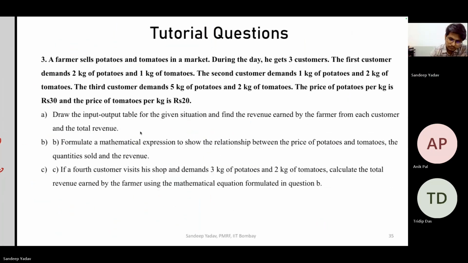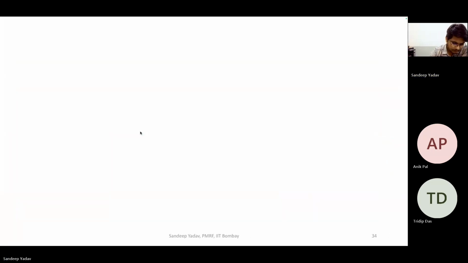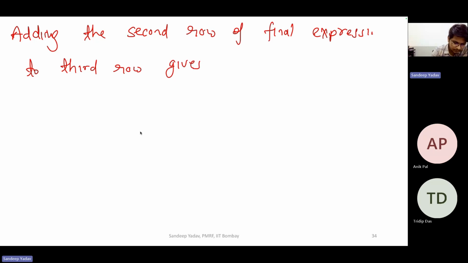Now, solving it further, adding the second row of the final expression to the third row gives us, so let's do it, 0.9.